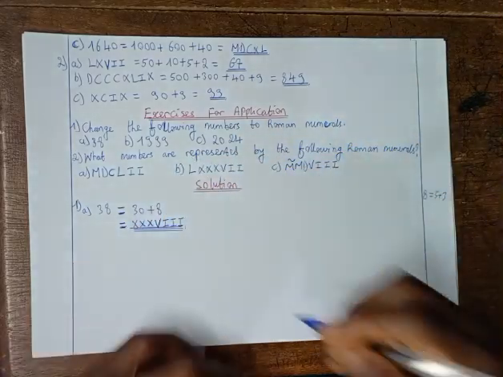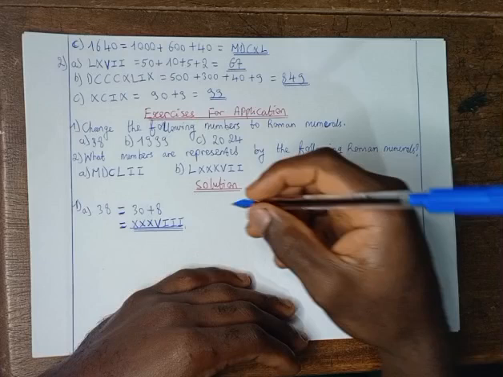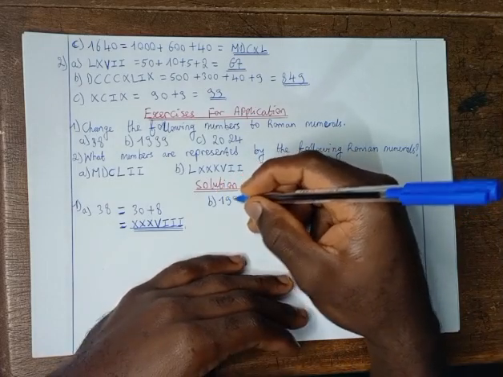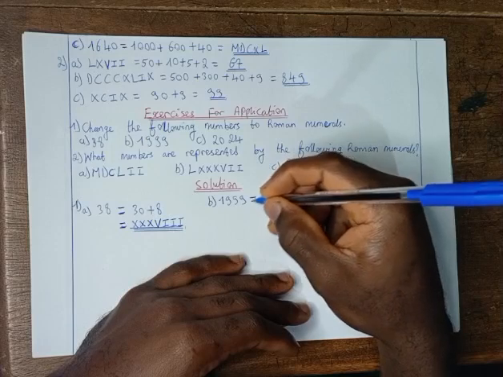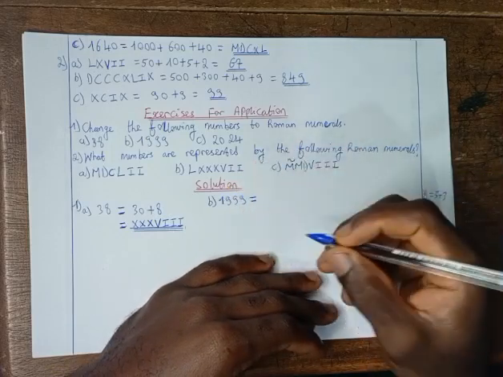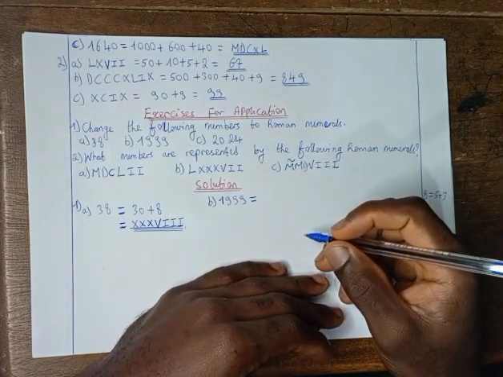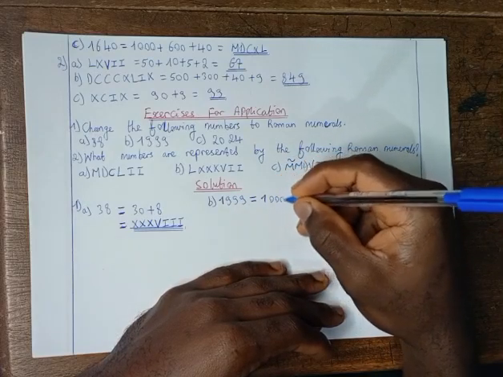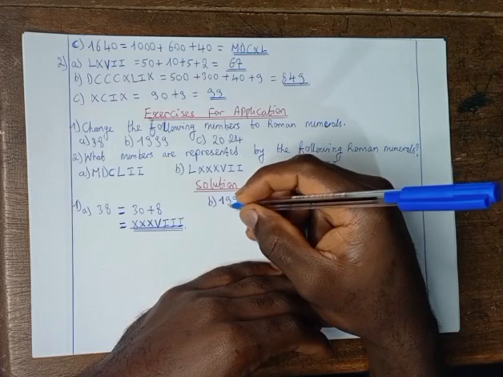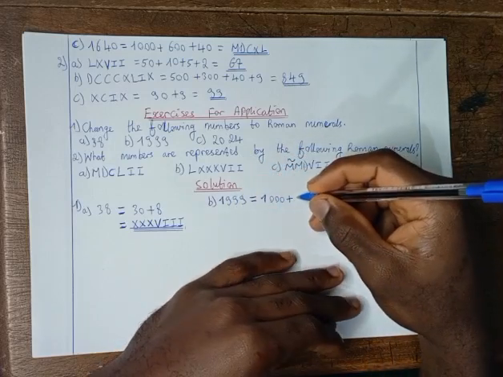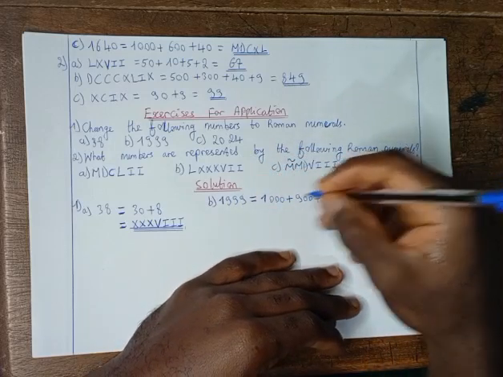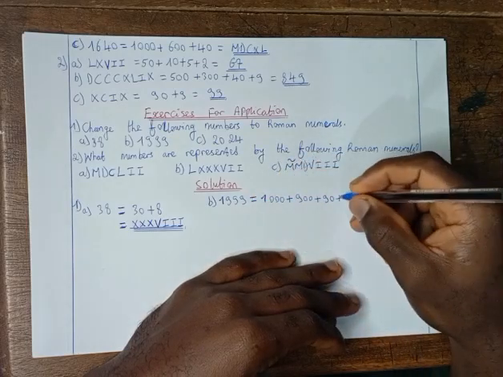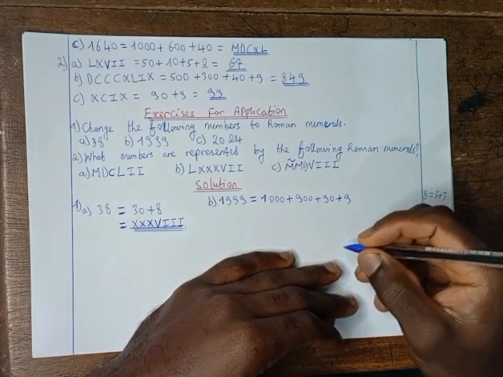We are done. Next, if you go to question B, we have the number 1999. Writing this number in expanded form, we start from the highest place value. We know 1 has a value of 1000 plus the first 9 has a value of 900 plus the second 9 has a value of 90 plus the last digit 9 has a value of 9 units.